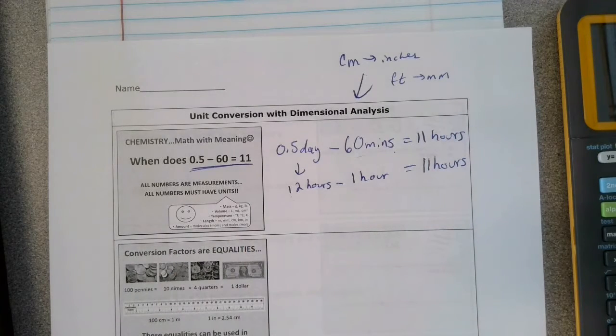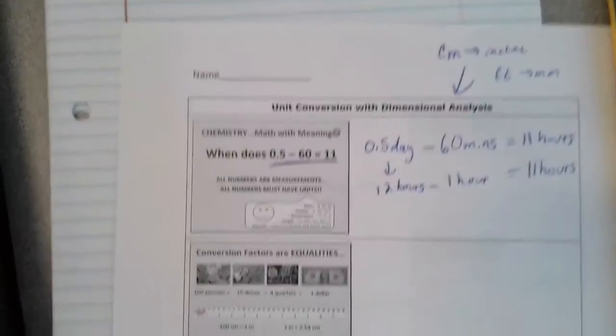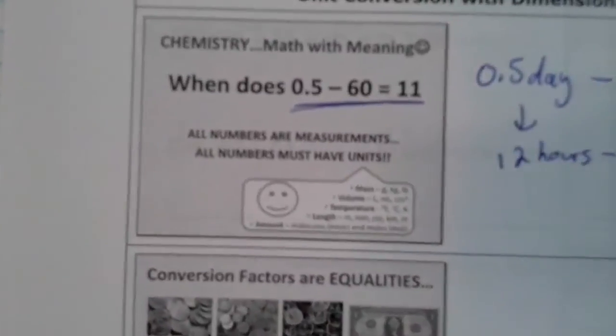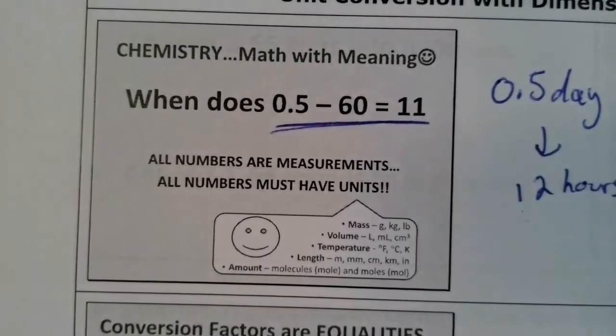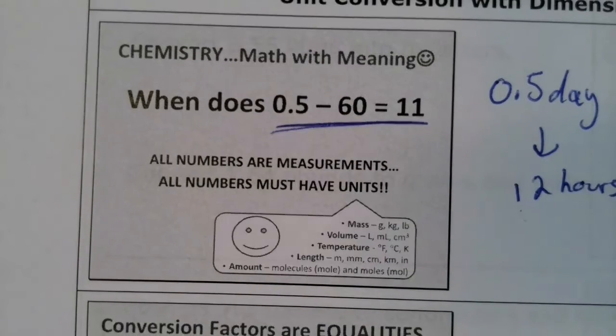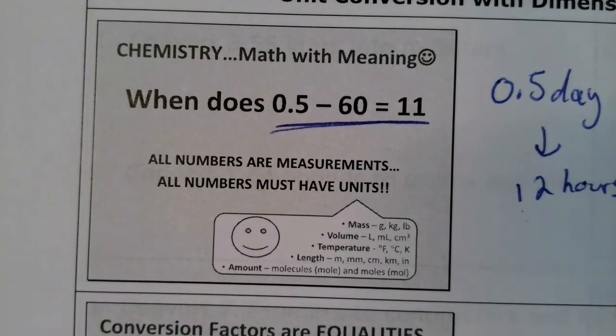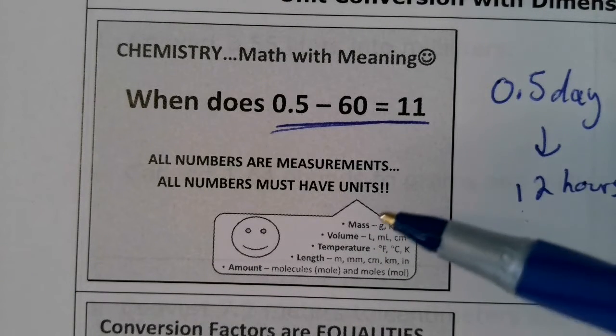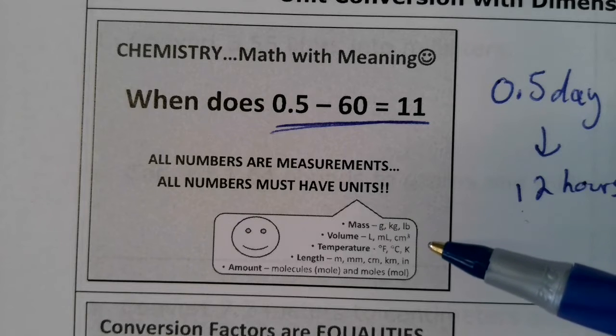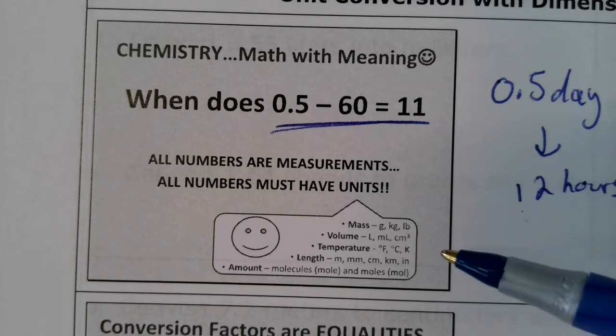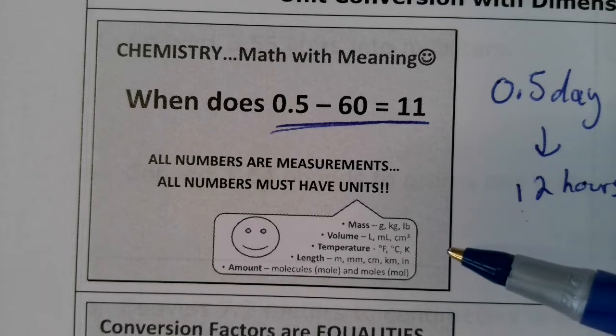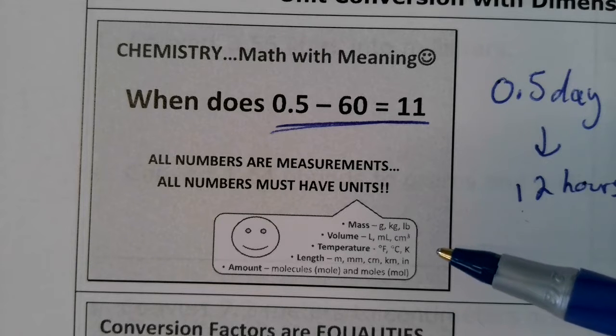So units are important. And if we look, we've been introduced to several different units throughout our entire careers in science. Mass is generally going to be grams, kilograms, and pounds. Volume is generally going to be your liters, milliliters, and centimeters.